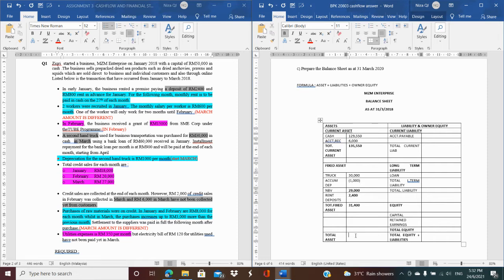The amount will be 166,950. So that's settled for the total asset part.